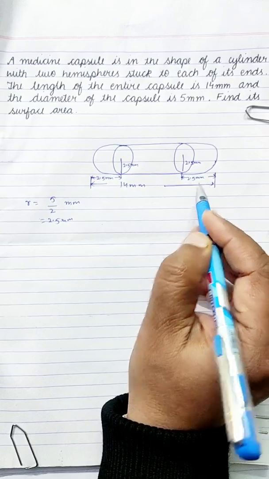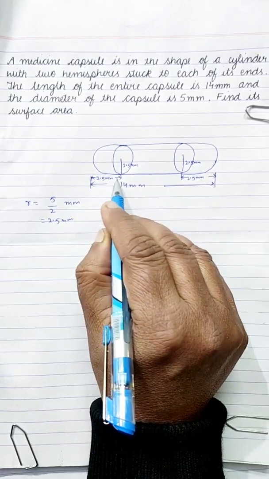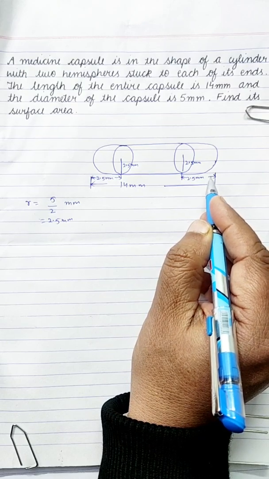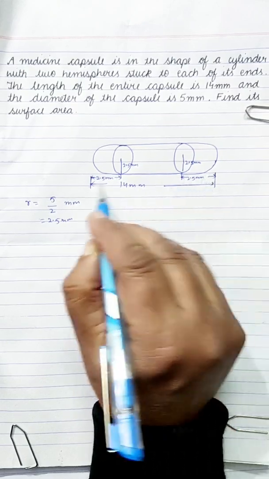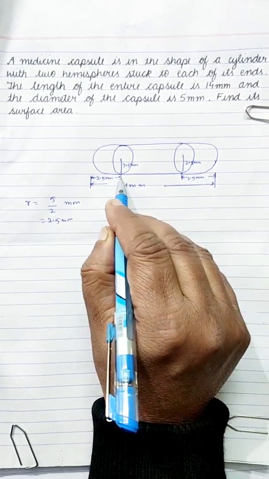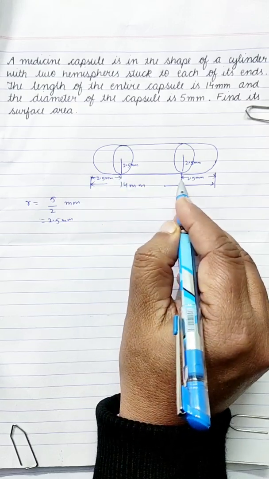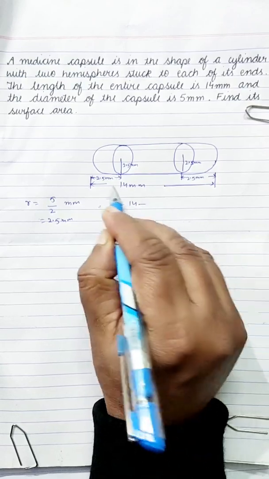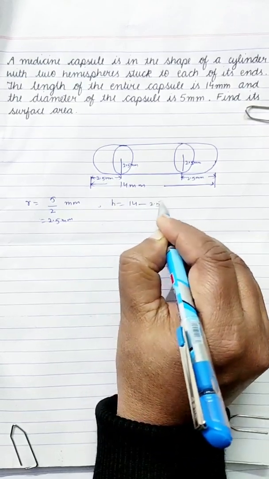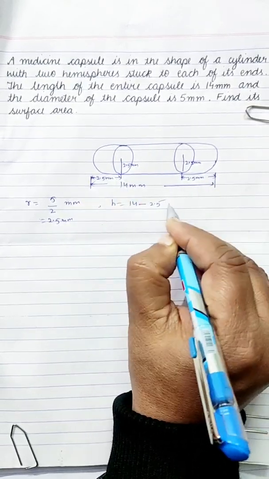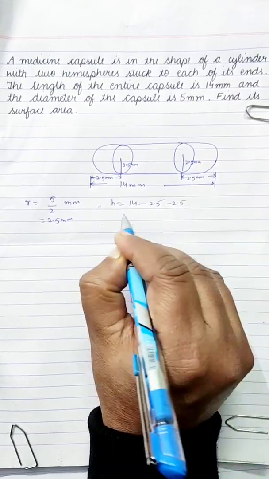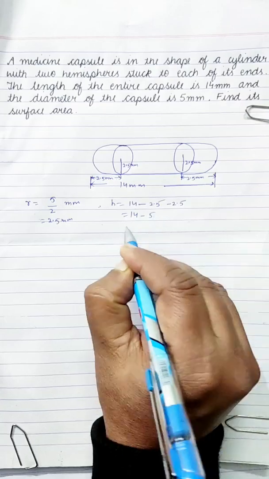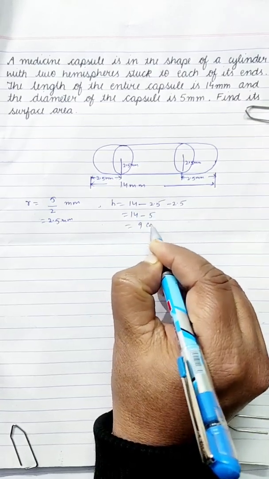Total length is 14. 2.5 from this side and 2.5 from this side is subtracted from 14 mm. Then height of the cylindrical part is left. So height is 14 minus 2.5 and minus 2.5. 2.5 and 2.5 means 5 is minus.